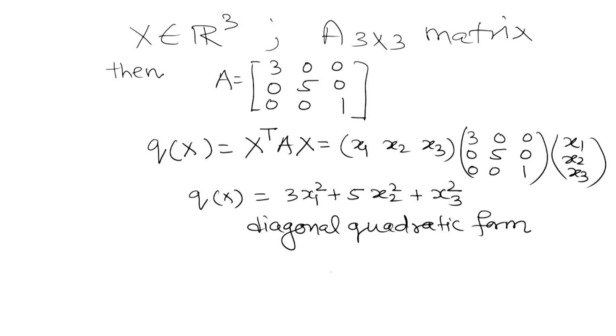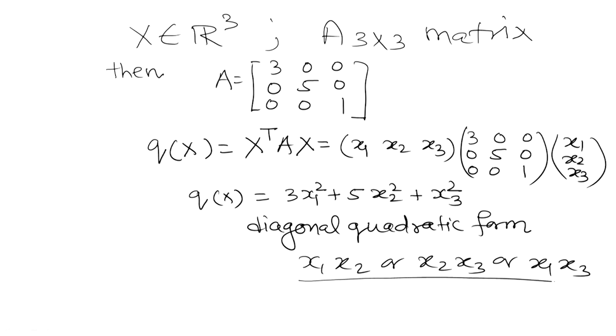So, I can say in other words that a quadratic form is said to be a diagonal quadratic form if there is no cross term or cross product term. Here, a cross product term means something like x1 x2 or x2 x3 or x1 x3, all of which have 0 coefficient.